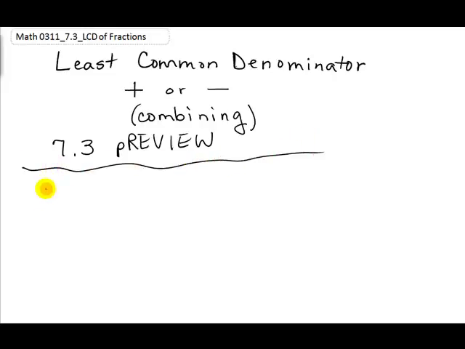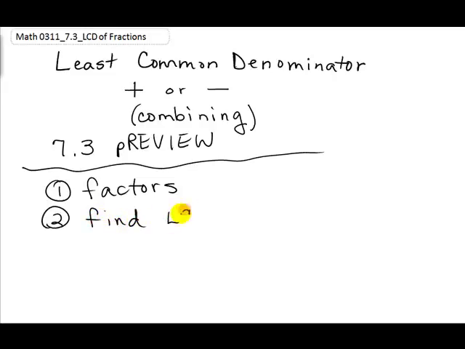So what we're going to have to do is find the factors. Then we're going to find the LCD. And then we have to make equal fractions.